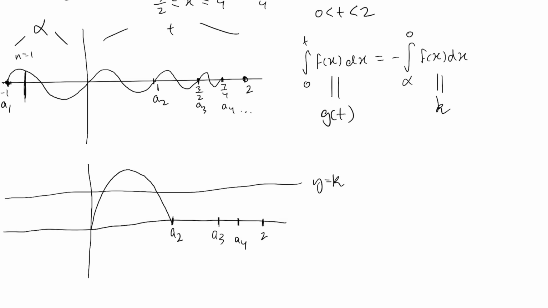Again, this time we can see that the overall area from A2 to A3 would be smaller, so let's draw this hill smaller. From A2 to A3, we go up and down, and the same thing repeats, and this is just going to continue forever.